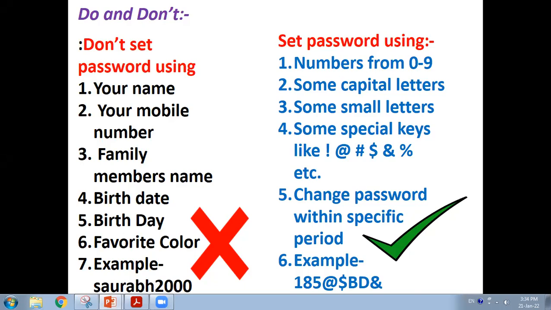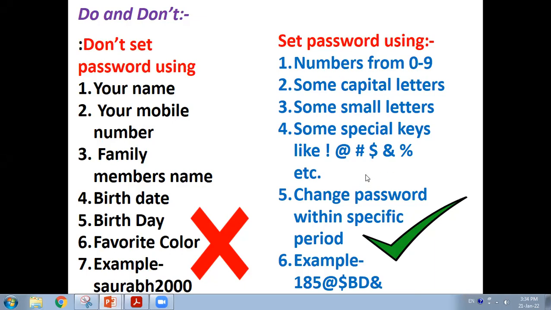Hello everyone. Up to now, we have studied different cyber crimes like phishing, software piracy, unauthorized access, bullying, cracking, hacking, etc., and the various measures to detect and avoid cyber crimes, like password setting.